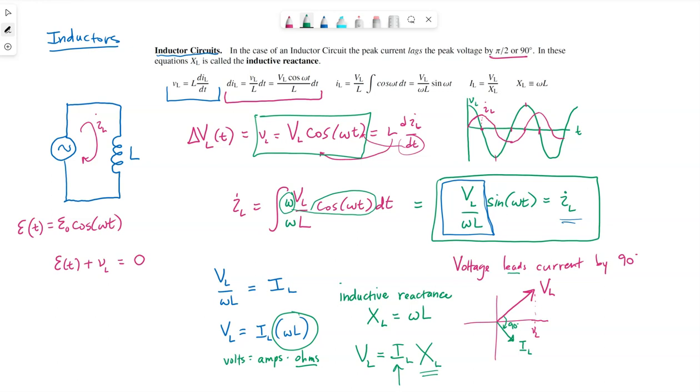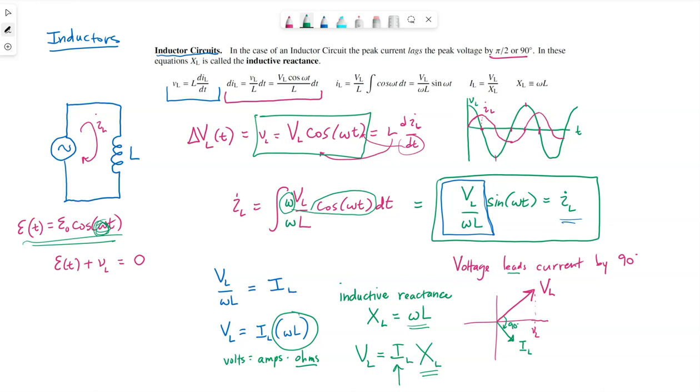And XL changes based off of not only the inductor value, the inductance L, but also omega. This omega in here, if we come back to the source, it is the angular frequency of the voltage source. So just by changing the frequency at which the source is oscillating, that will affect how much current can flow in the circuit.